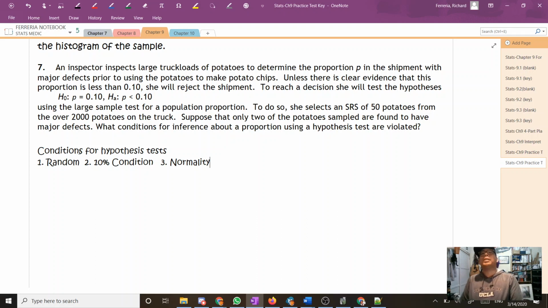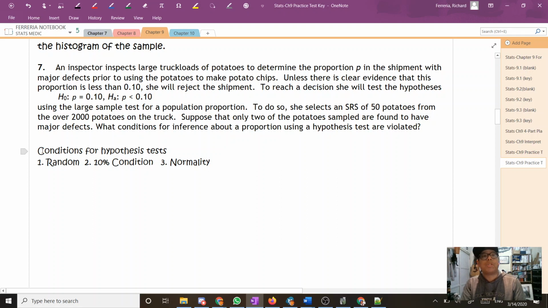To do so, she's going to select an SRS of 50 potatoes from the over 2,000 potatoes on the truck. Suppose that only 2 of the potatoes sampled are found to have major defects. What conditions for inference about a proportion are violated?